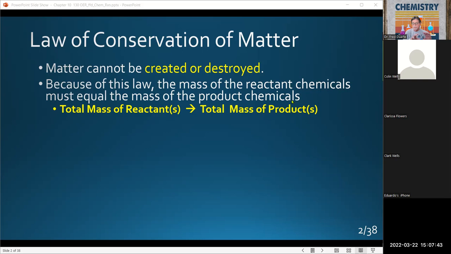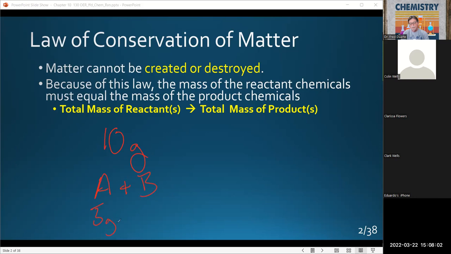Another way to say it is that if I have a total mass of reactants, after the reaction is done, let's say I start off with 10 grams of A plus B, total 10 grams.